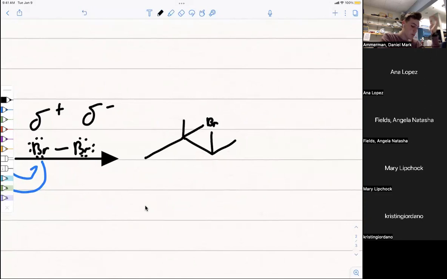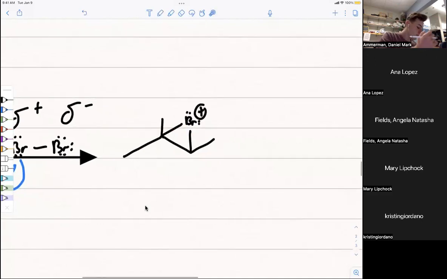After that, bromine wants 1 bond. It's in row 7A of the periodic table, which means it's -1, so it wants 1 bond. Here I have 2, so it's not very happy and it's positive.